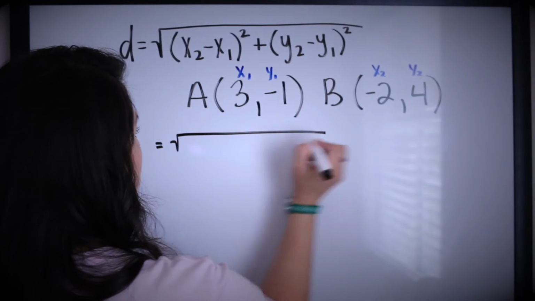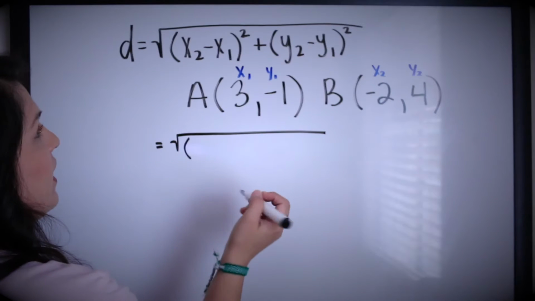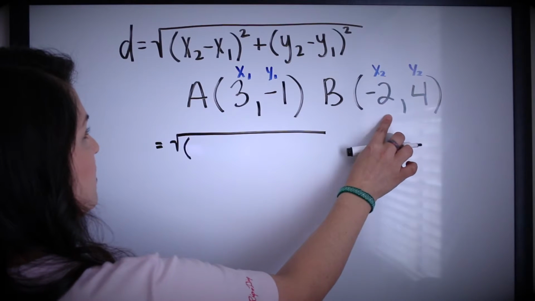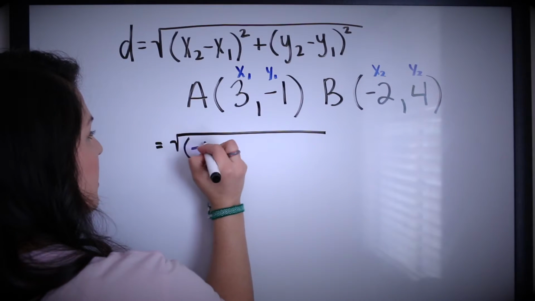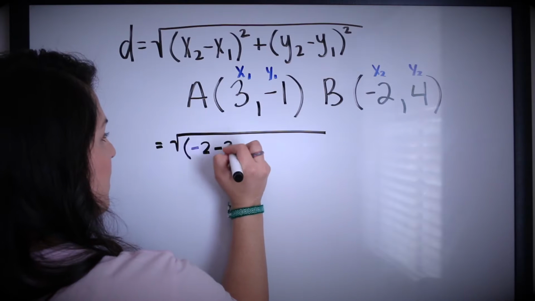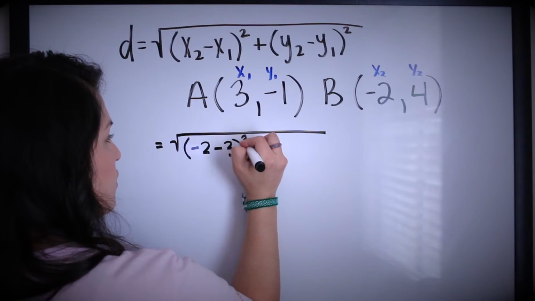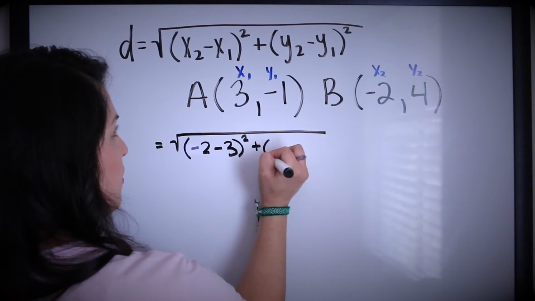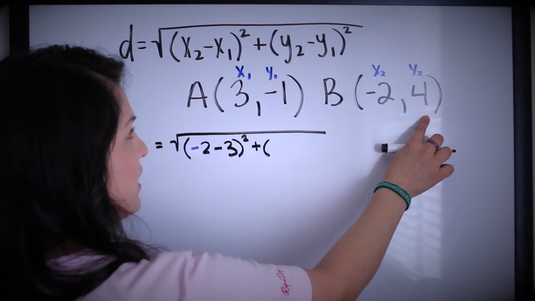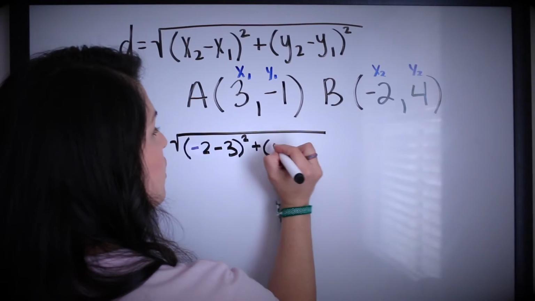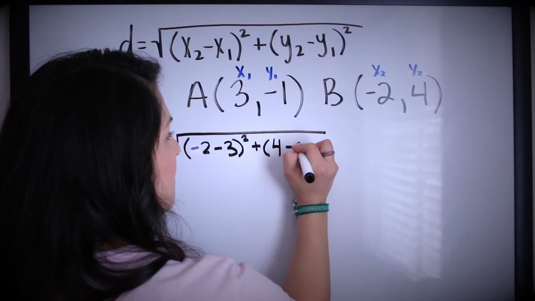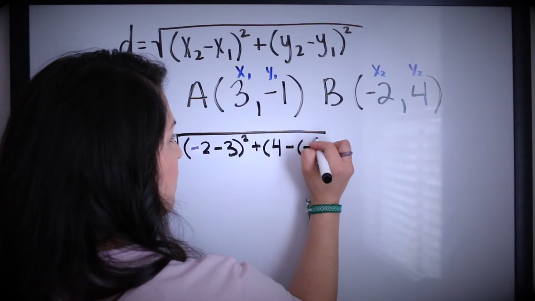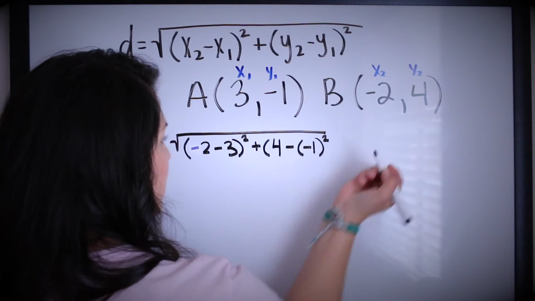So we have the square root. x2 minus x1, it's negative 2, minus 3 squared, plus y2 minus y1, which is 4, minus negative 1 squared.